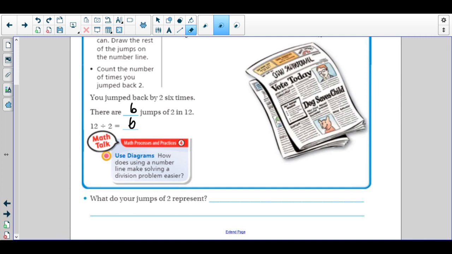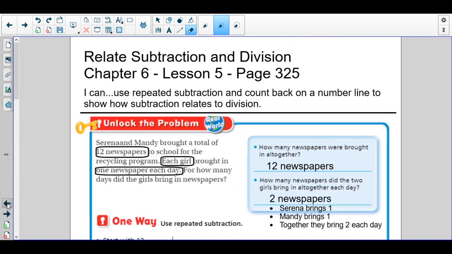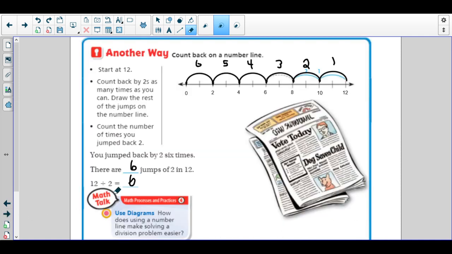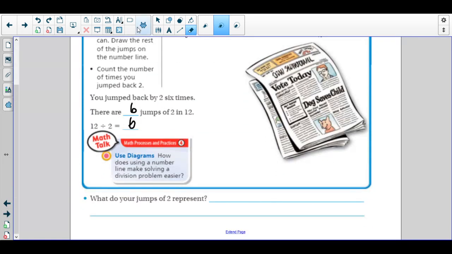What do your jumps of 2 represent? Well, it actually goes back to this right here. What was the number of newspapers that they brought in? So what does your jumps of 2 represent? Make this just a little bit bigger so we can see.